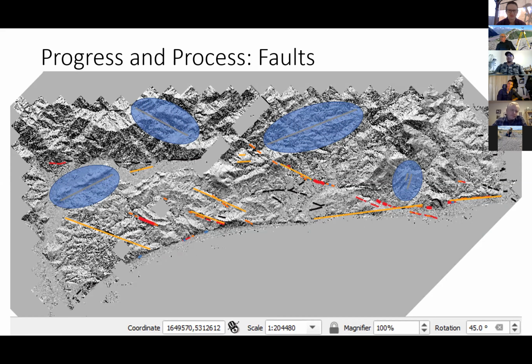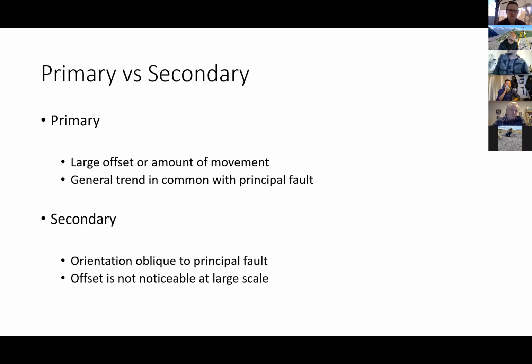So my determination between the different faults: the primary faults I did as areas that looked like they had quite a bit more offset, or maybe movement along those structures, and also if they shared the same general trend as that primary fault that popped out to me right at the very beginning.